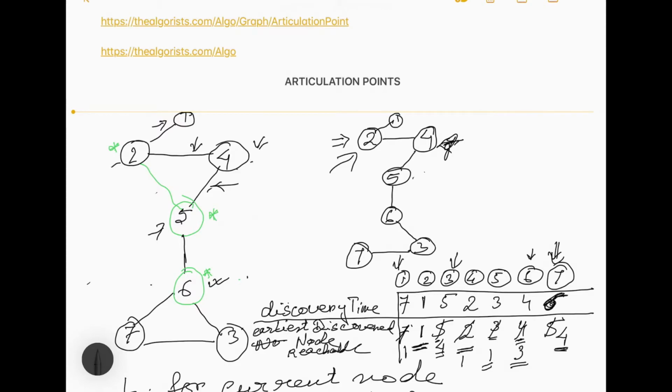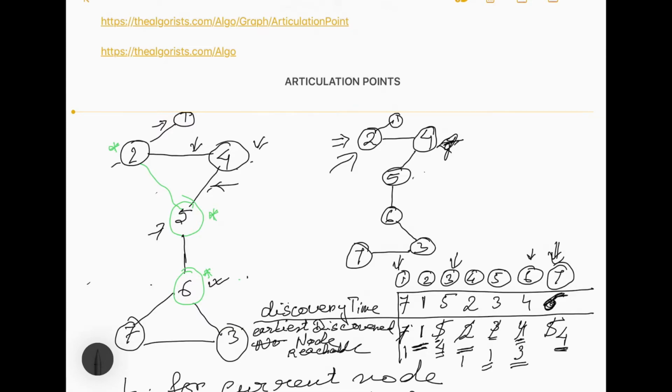So we compute the earliest discovered node reachable at the callback of the DFS for every node. Whenever we are backtracking, at that time we compute the earliest discovered node reachable and then backtrack.